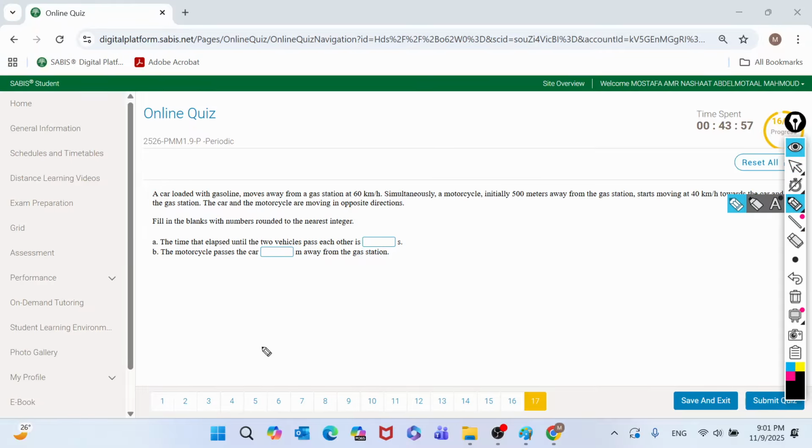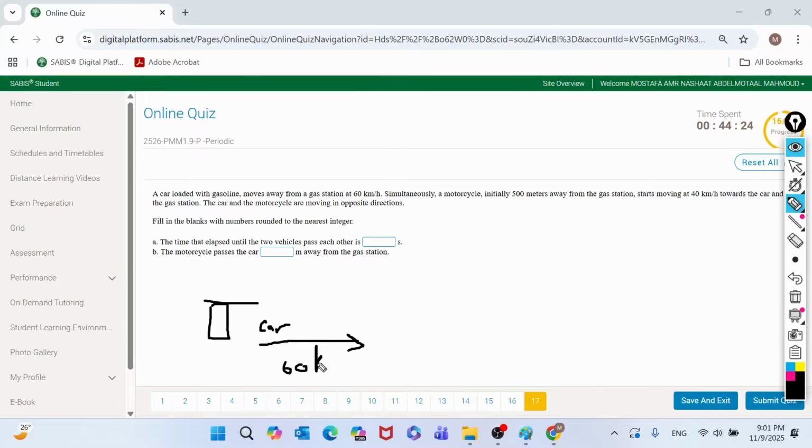Okay, guys, let's just draw it out so we can know what's happening. So we have the gas station, and then we have the car. The car is moving away from the gas station at 60 kilometers per hour.